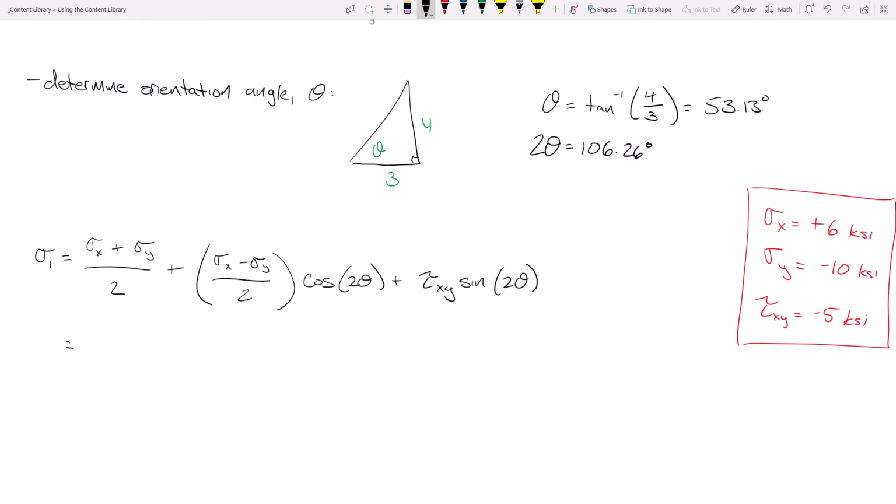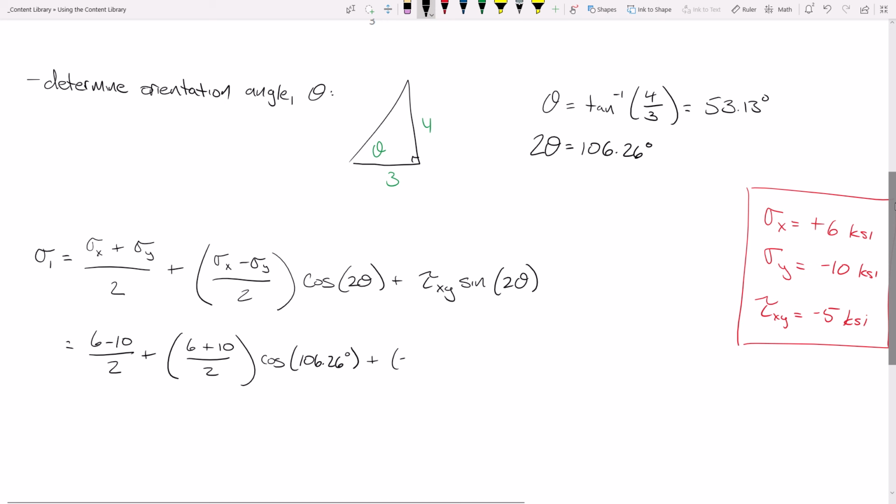So 6 minus 10 over 2 plus 6 plus 10 over 2 cosine 106.26 degrees plus negative 5.